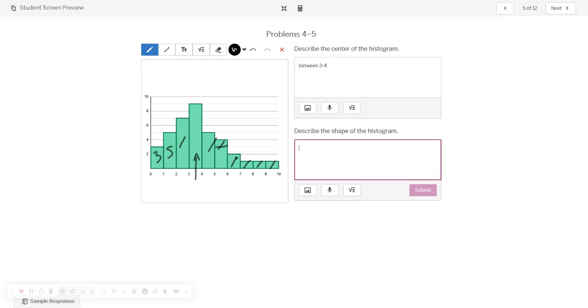And then describe this shape. I don't know. It's symmetric, but shifted slightly to the left. That'd be a right skew.